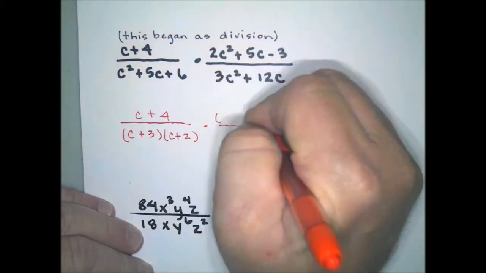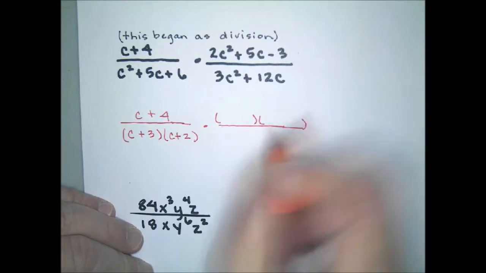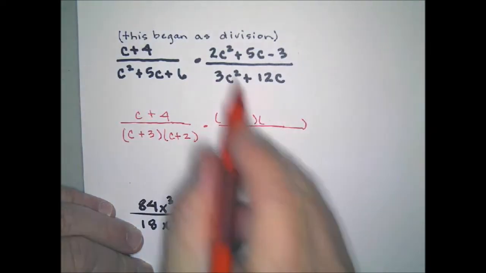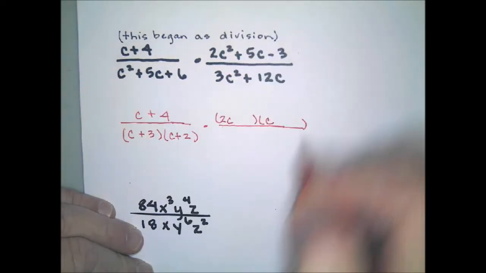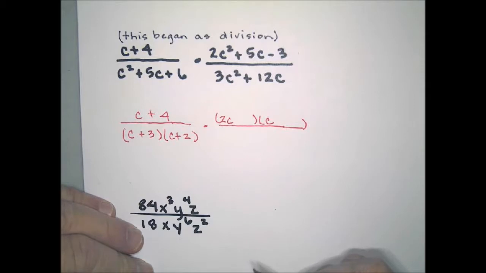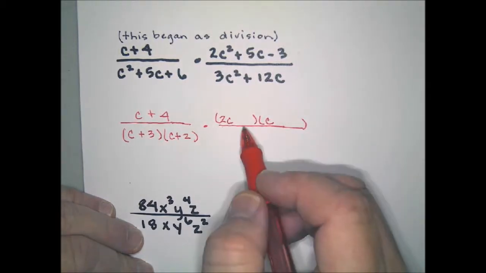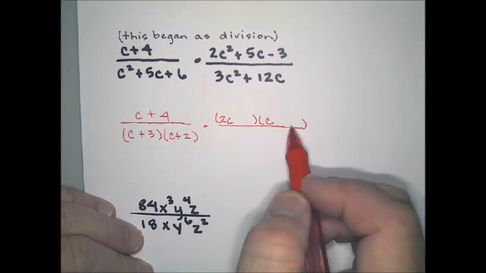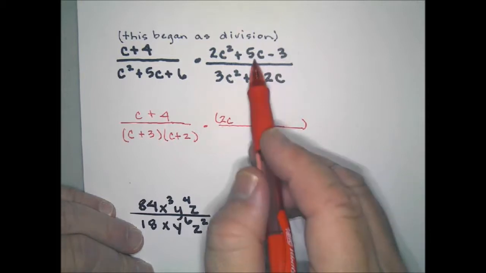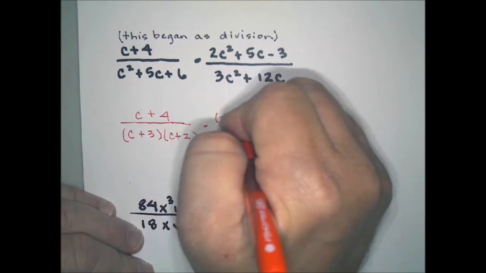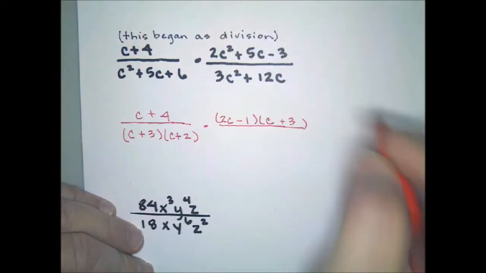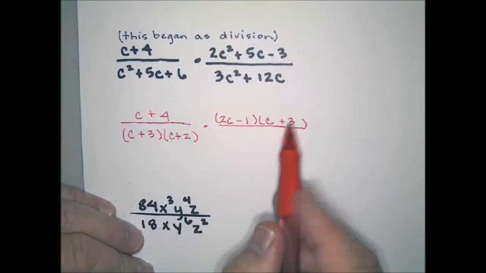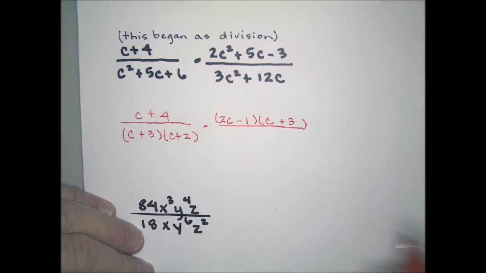I know the factors here that make 2c squared are going to be 2c and c. Now the big question is, what are the other two factors that are going to produce a positive 5 in the middle when I FOIL it? Well, there's going to be a minus 1 there, and a plus 3 there. Go ahead and FOIL it out, and you'll see that this is what you get.